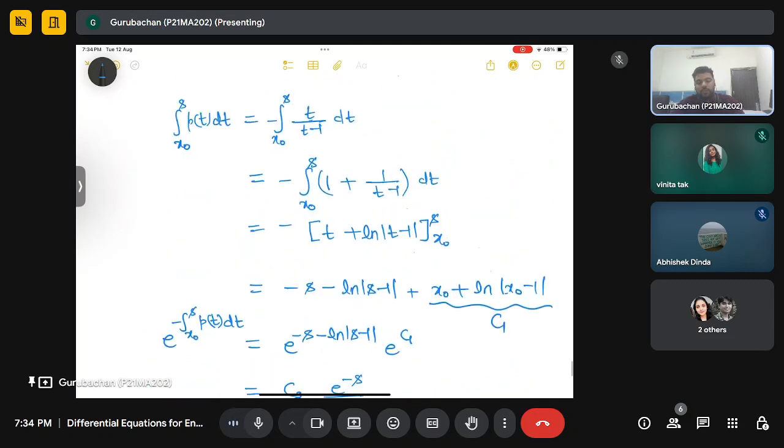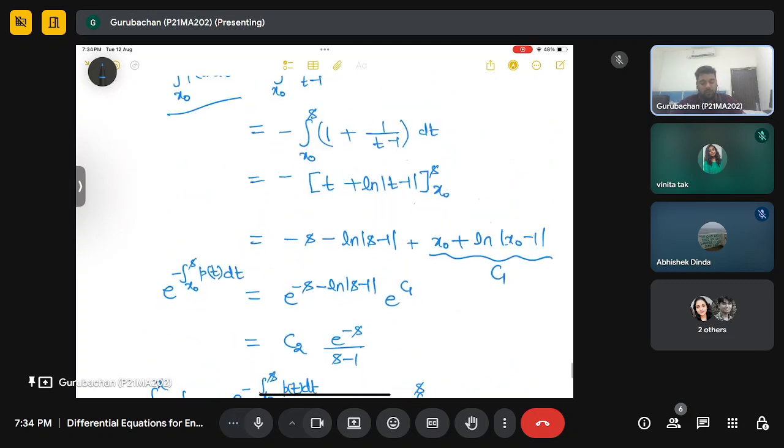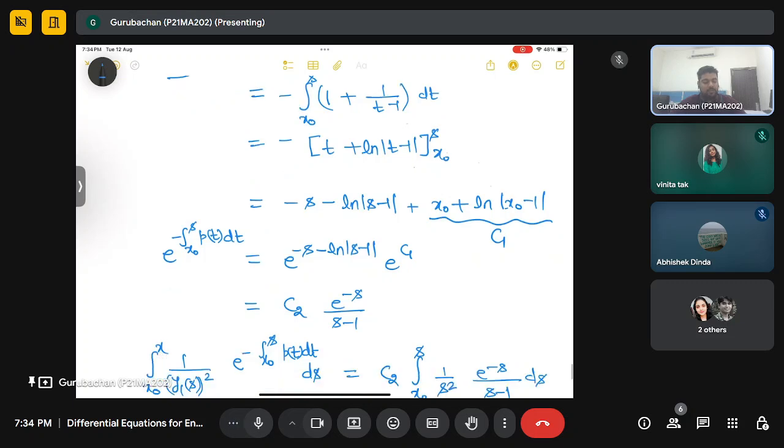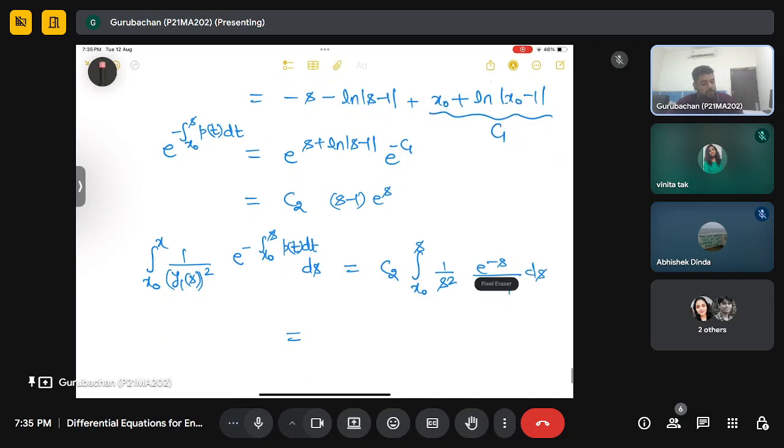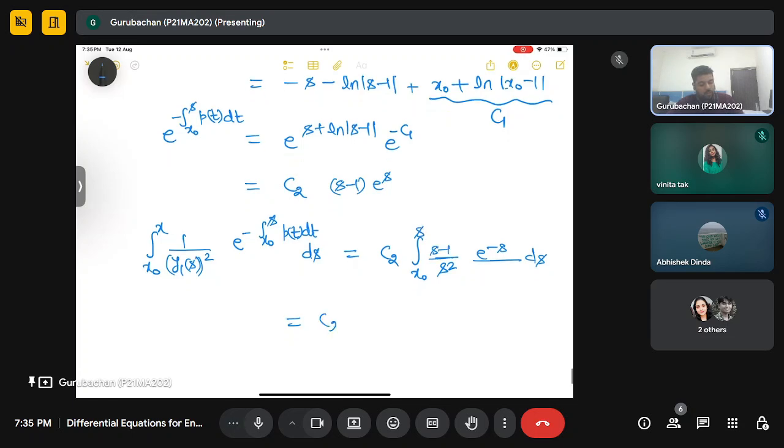See, first of all we calculated this one, then we need to multiply with this negative sign, and here I have not multiplied with this negative sign, so this will be positive and this will be correct. So this will come out to be not denominator, it will be s minus 1 e to the power s. So if this is s minus 1, this numerator will be s minus 1.